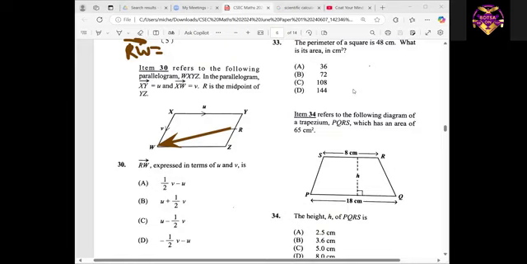So if we're going from R to W, remember, you start from R, you always go another route. So we could have gone from R to Y.